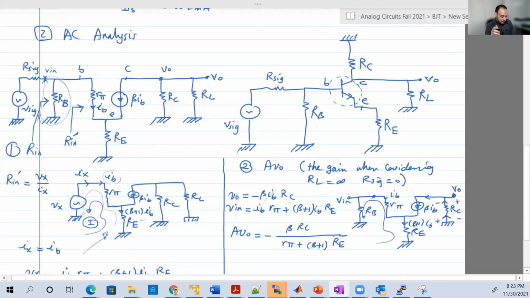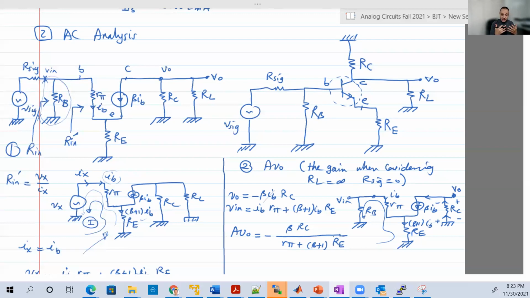Now we're gonna calculate AV. AV is the gain when we consider the load, but we don't consider our signal, so we can consider our signal equal to 0. We can expect, from experience with a lot of analysis like this, AV will be the same equation, but beta RC parallel with RL, because this is the only difference.